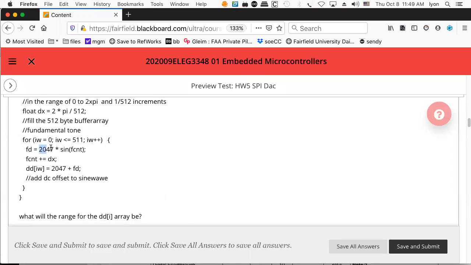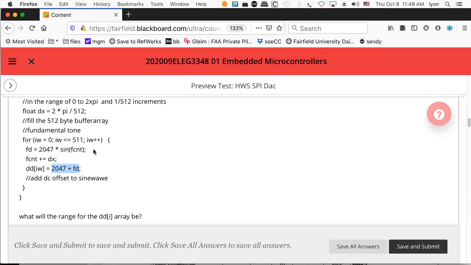This number is going to range from minus 2047 to plus 2047. And so what we're doing is we're going to take the actual value and add 2047 so that it'll go from 0 to 4095 maybe.